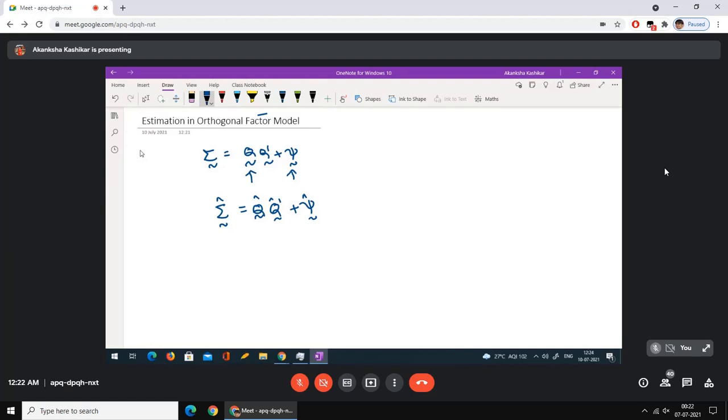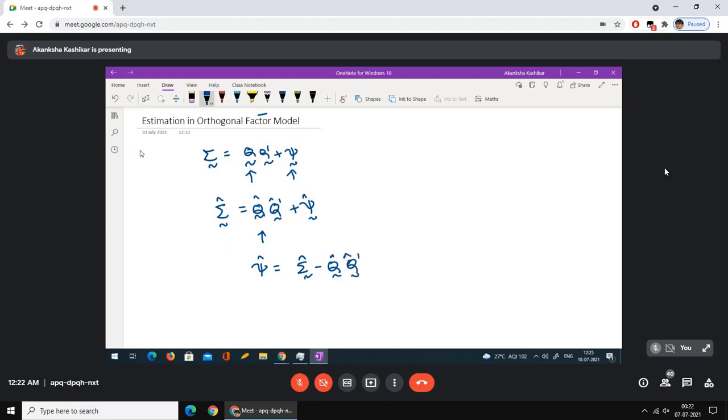Now, how to do this? Of course, if by some method I can decide what Q is, then my job is easier. Suppose I get Q by some method, then getting psi is easy because I will just obtain psi hat as sigma hat minus Q hat Q hat prime.